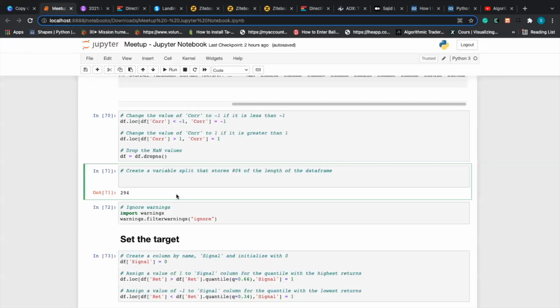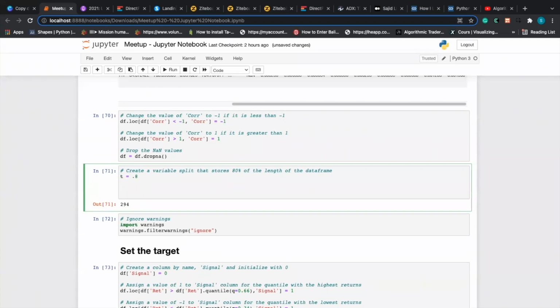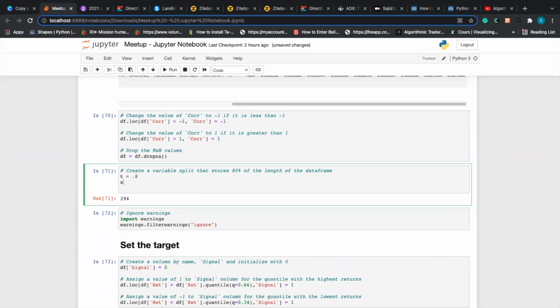Okay, now in order to split our data, we are going to go this way. We are going to create a variable, let's say t equal 0.8. And we are going to say splits equal integer, we want it as an integer, t times the length of our data frame.